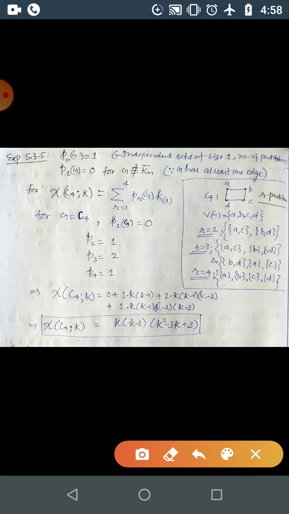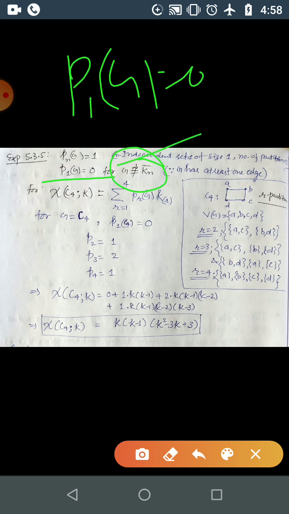So that's why P_1(G) will always be 0 whenever G is not isomorphic to this one. So P_1(G) is 0 unless you have this one. So P_n(G), the number of partitions into n independent sets, is always one way.